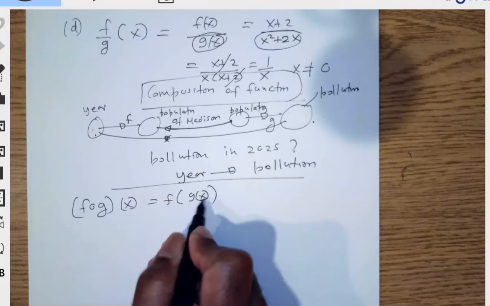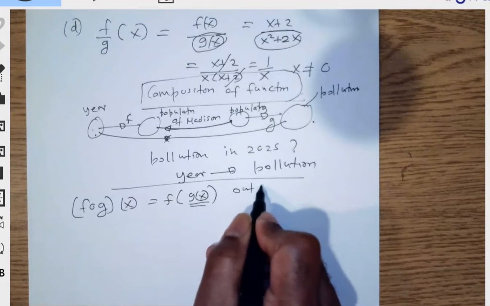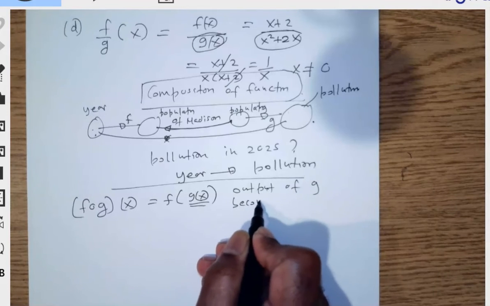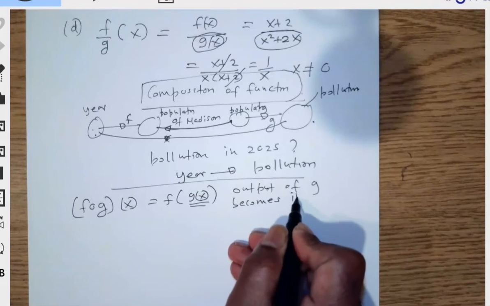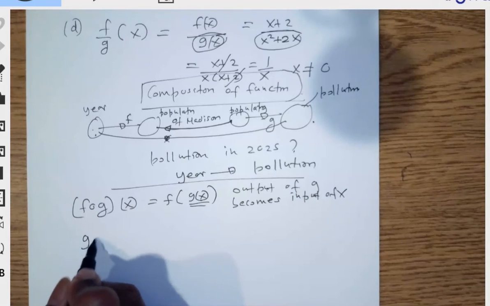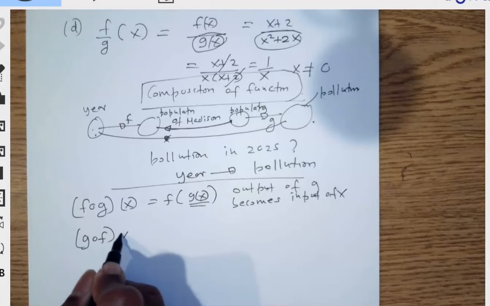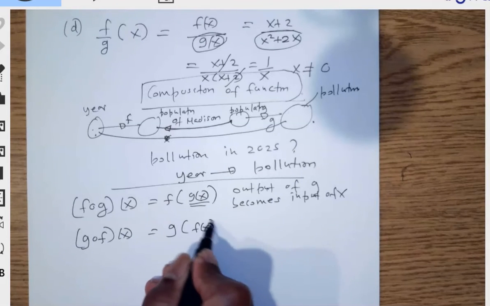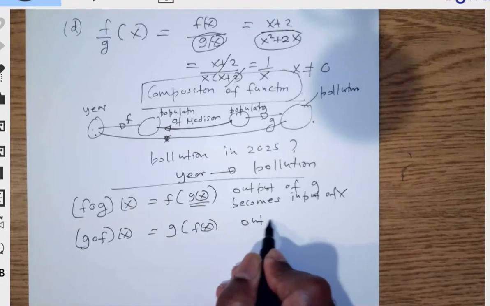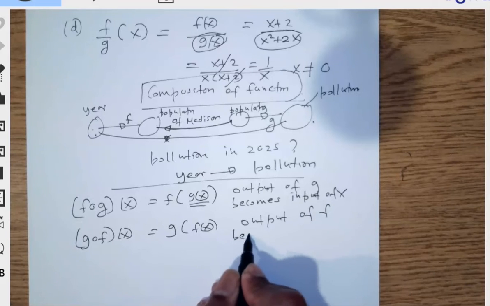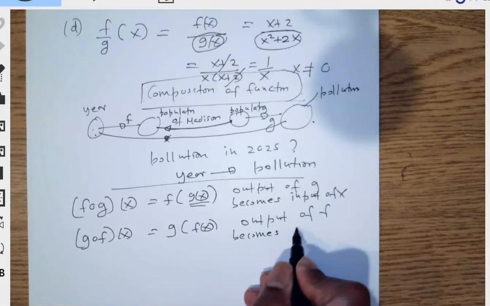In other words, the output of g becomes the input of f. On the other hand, we define g circle f of x as g of f of x, where the output of f becomes the input of g.